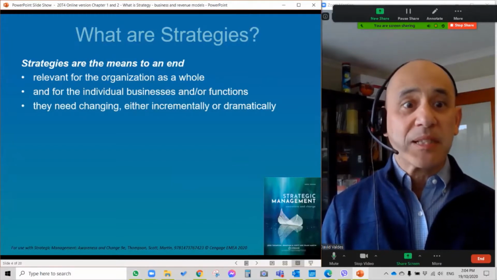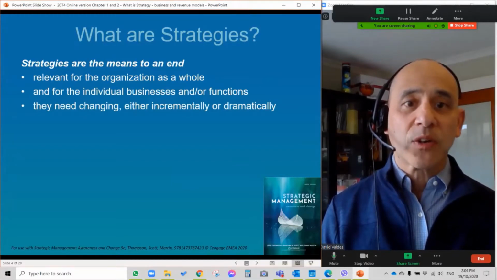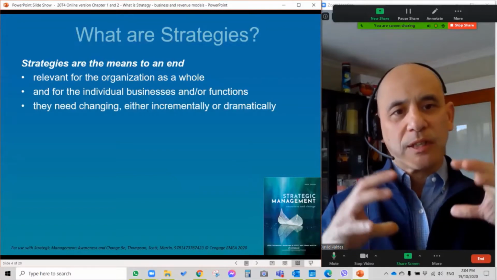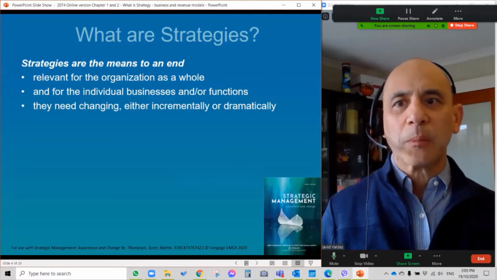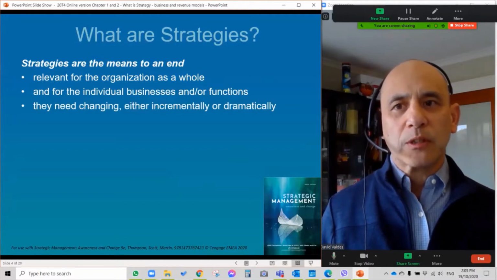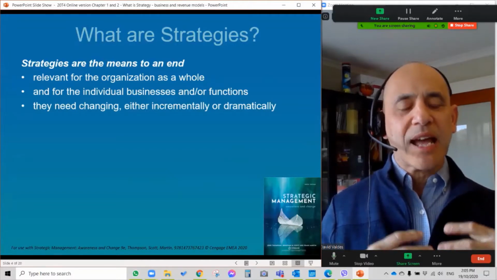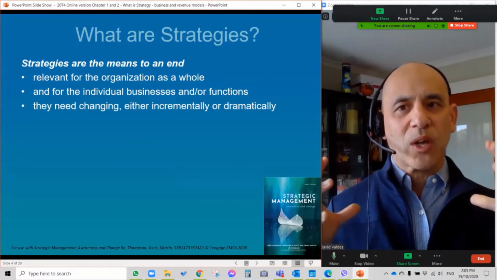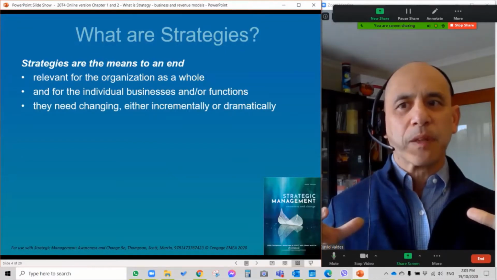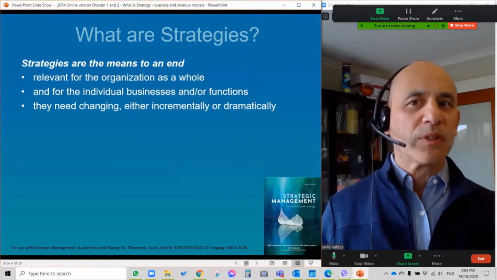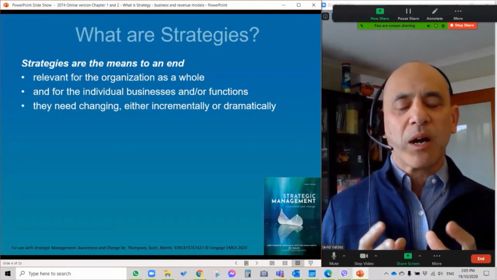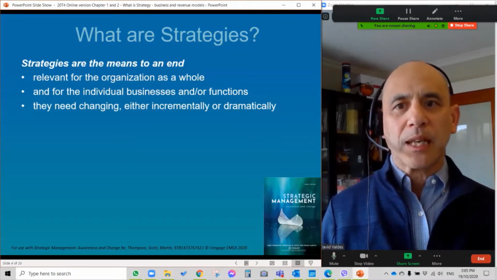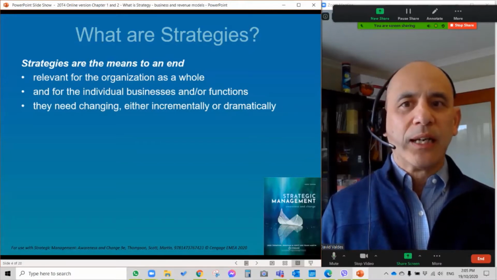All of these businesses of Wesfarmers are part of an entire organization called the conglomerate, which is Wesfarmers. So strategy can be relevant for Wesfarmers, the conglomerate, but it's also relevant for individual businesses like Kmart. So Kmart, again, is a retailer, like a department store retailer.